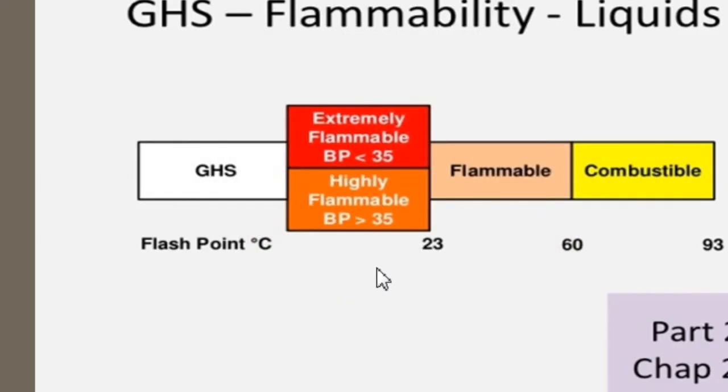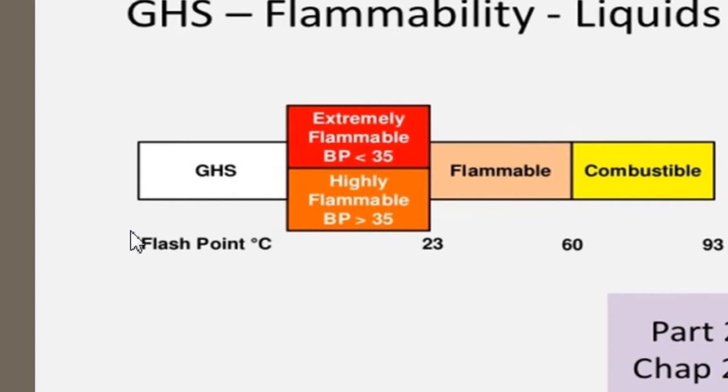Now with your new GHS, they're looking at a boiling point and a flash point. So here's your flash point, but then there's an additional boiling point, greater than 35 degrees Celsius or less than 35 degrees Celsius, where your liquid is going to turn to vapor, much like you would imagine boiling water. When you boil water, it leaves its liquid state and goes to a gaseous state at a certain temperature.